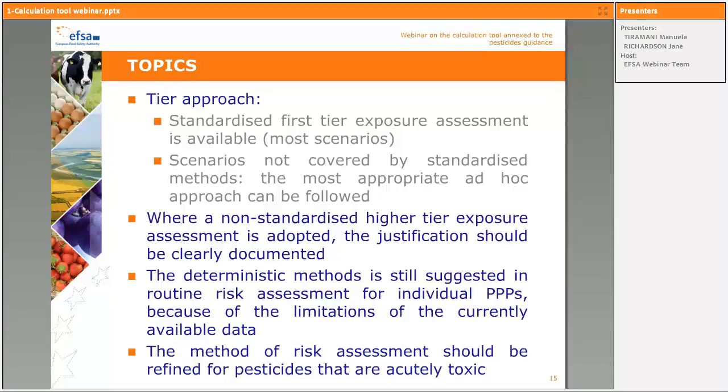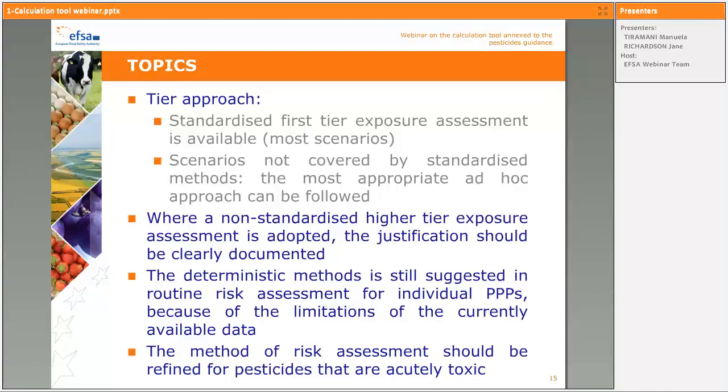The guidance is still based on the deterministic approach, even though EFSA is working in general on the probabilistic approach for many aspects of our activities. Unfortunately, for this specific topic, the database is limited, and it's not possible for the time being to proceed with a probabilistic approach.